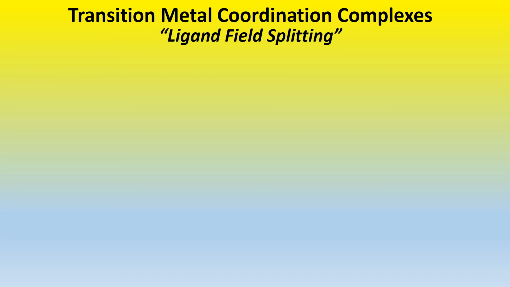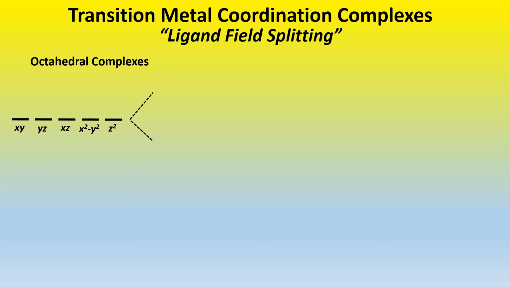So consider an octahedral complex. One starts with one's 5 d orbitals, xy, yz, xz, x squared minus y squared, and z squared. These will now become split by the octahedral field, as you previously saw.